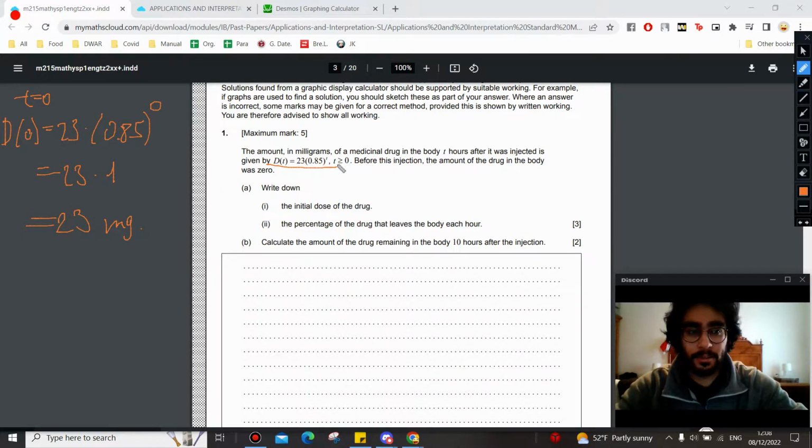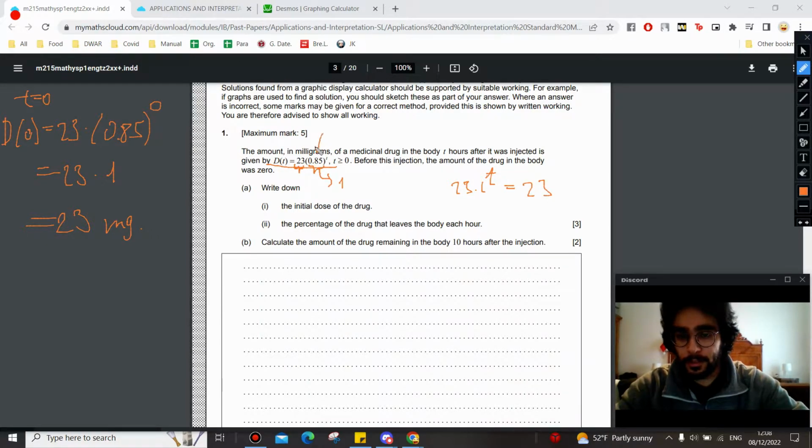It means that here, for example, you have 23 multiplied with something between 0 and 1 to the power of t, right? Which means if instead of 0.85 I had 1 here, then 23 times 1 to the power of t wouldn't change, because 1 to the power of t will still be equal to 1, right? So you will have 23 anyway.